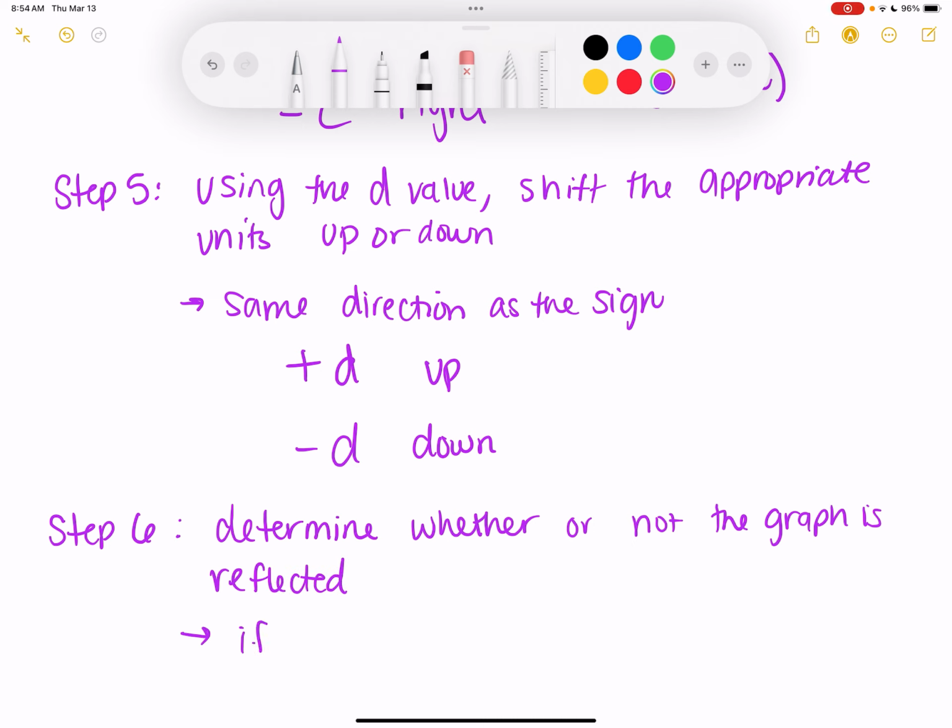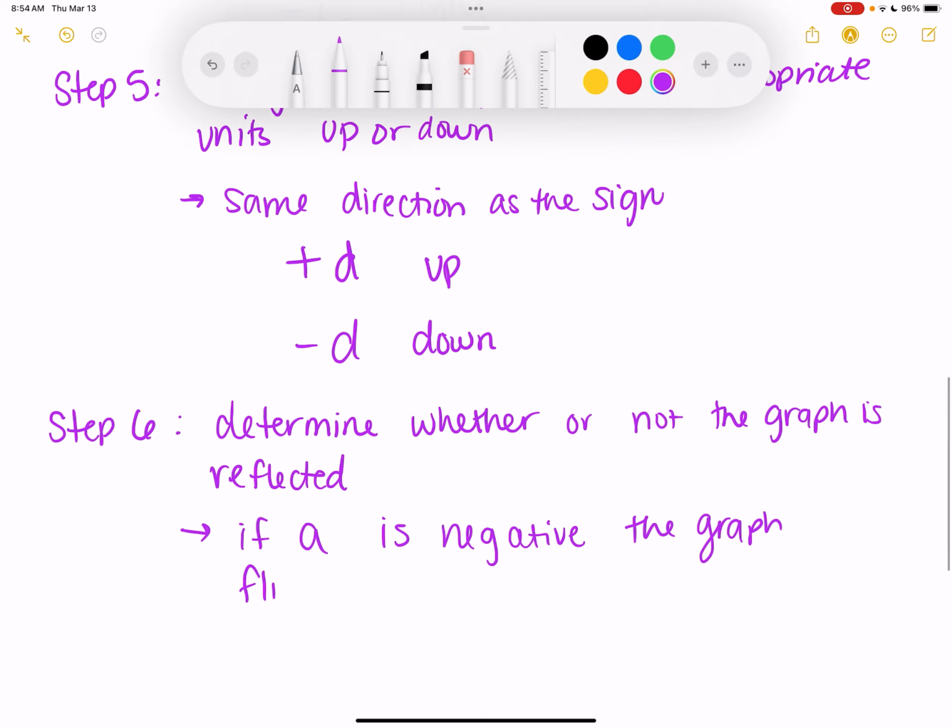So if A is negative, the graph flips over the x-axis. So it takes the whole graph and it just flips it upside down.